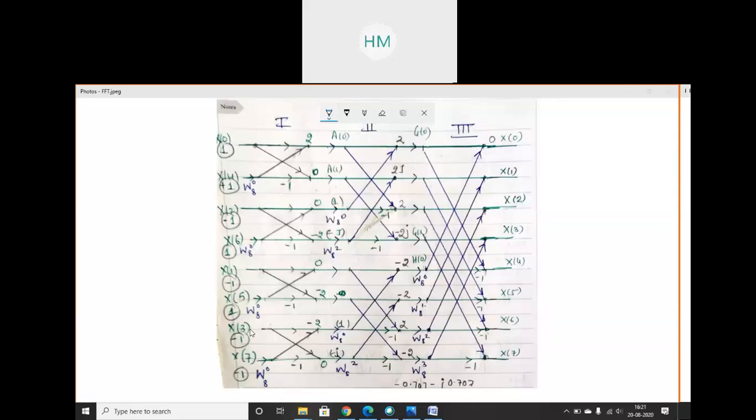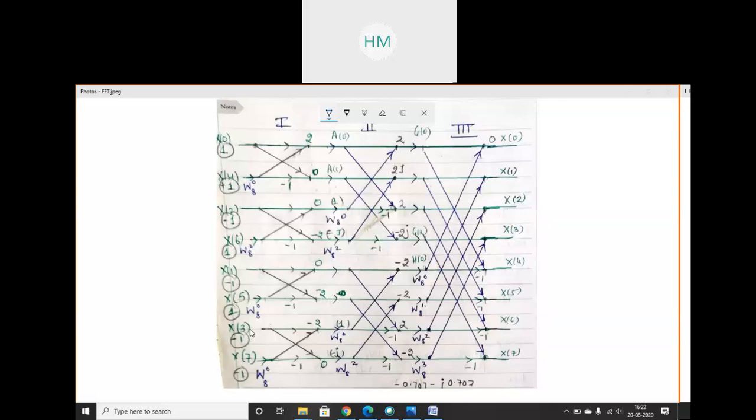It is 2. x of 6 is 2 plus minus 2 w8 2. That is w8 2 is minus j. 2 plus 2j बिल्कुल सही.